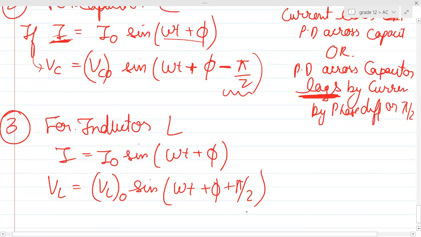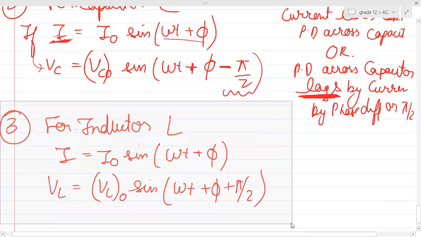Because for an inductor the EMF leads the current, or basically the current lags, right? If the current is lagging the potential difference, then the potential difference is leading by pi by 2, right? So hence plus pi by 2. Is this clear, guys?